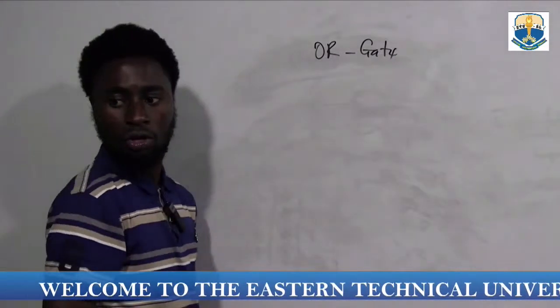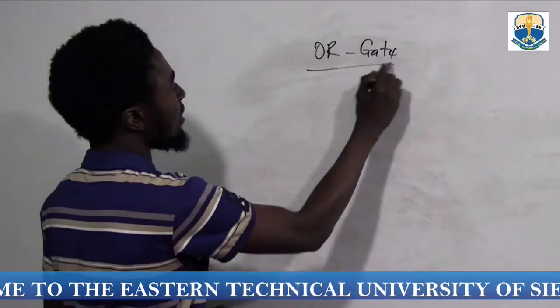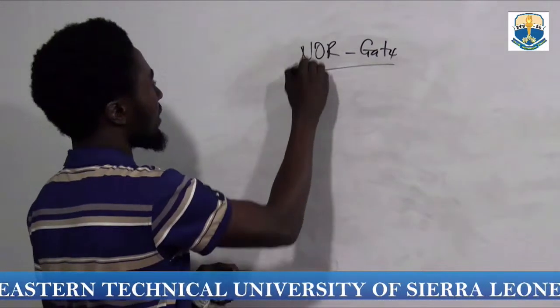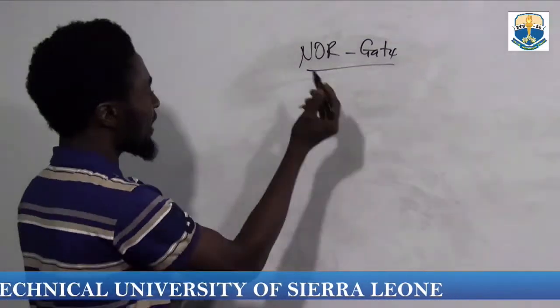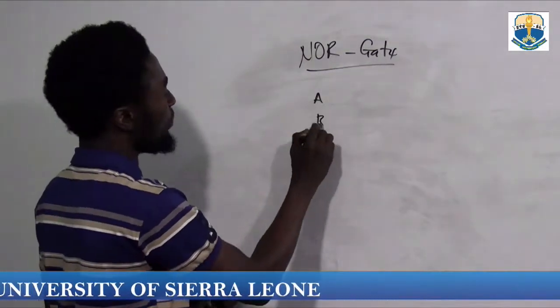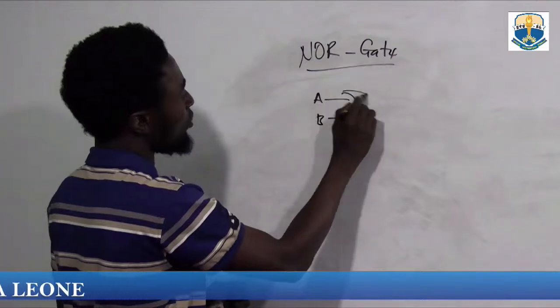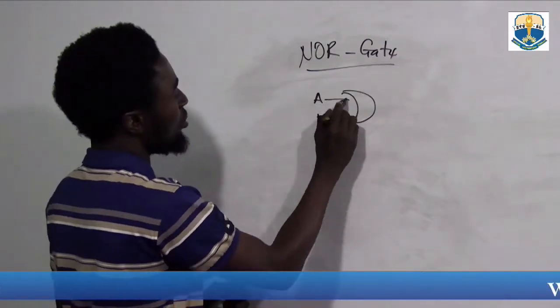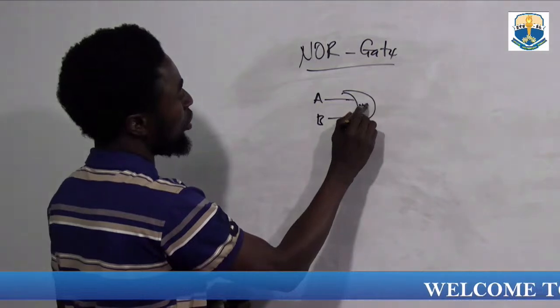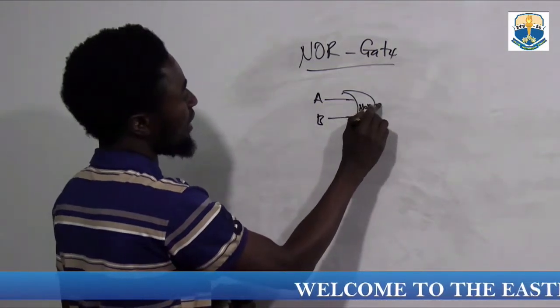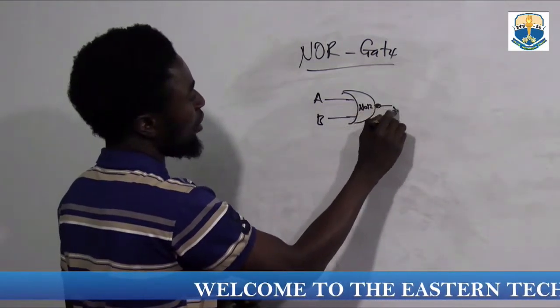So for our NOR gate, we still maintain the two inputs A and input B. So when the two inputs pass through the NOR gate, we have an inverter here, and we have our output Y.